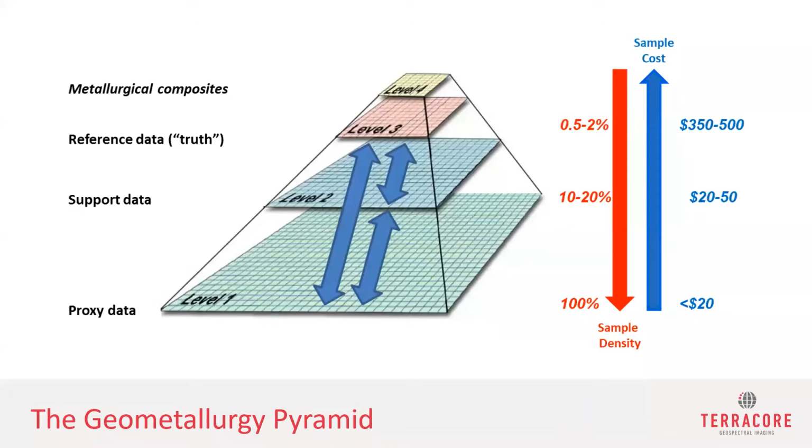So for that, what we do is we've got what we call reference or truth data, and those will be a lot of different types of tests, bench tests that have been developed specifically for geometallurgy.